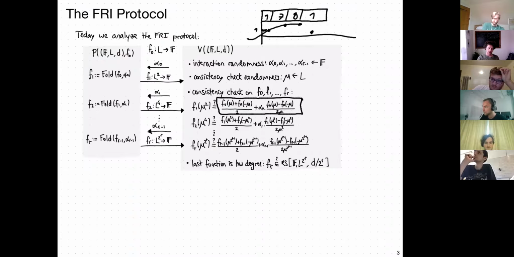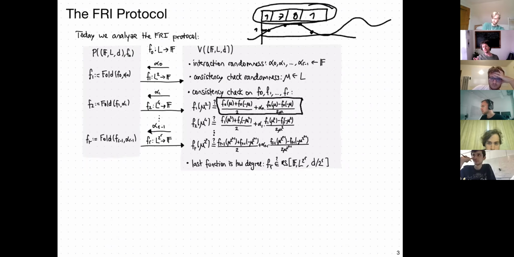You evaluate this polynomial, which is of degree 3, over the entire domain L. That's the way you take a message, which is just 4 numbers, and extend it to however large an L that you'd like, millions and millions of numbers that would be uniquely determined by that.